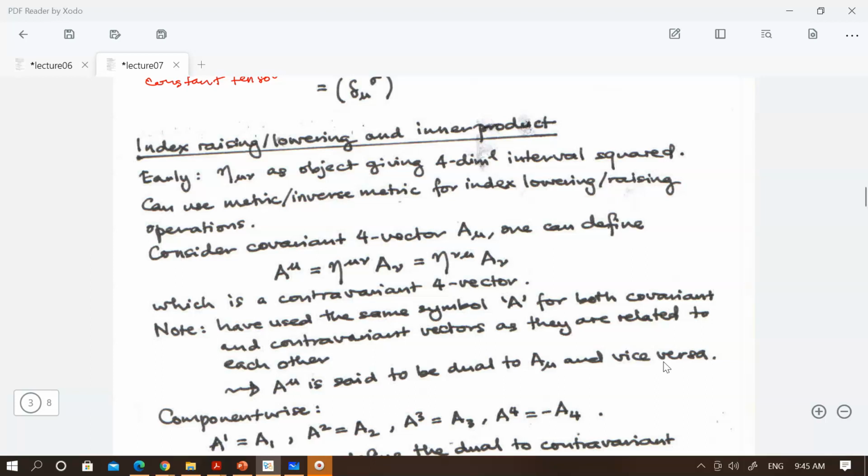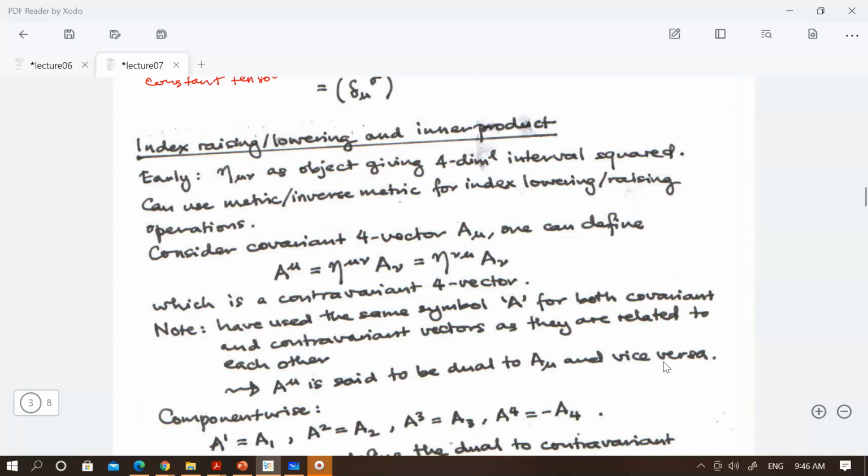Here is a particular case of a covariant vector, A_nu, and you multiply it with the inverse metric tensor, g^{mu nu}, which is a contravariant tensor, and we contract this with this covariant vector.